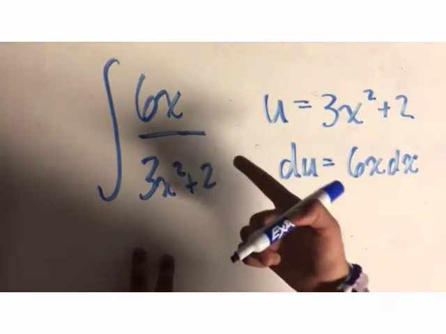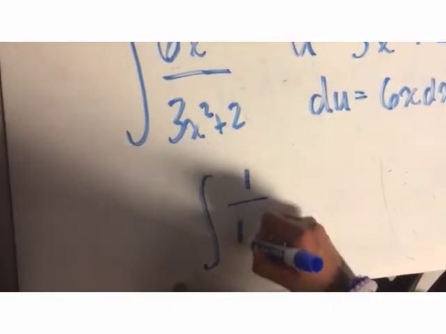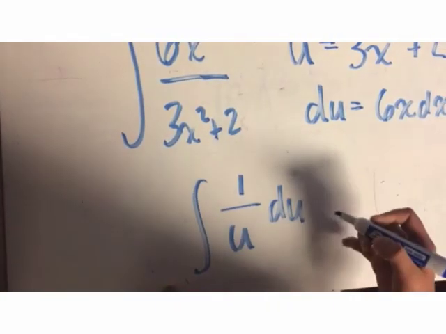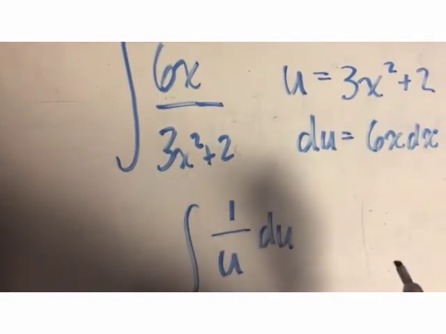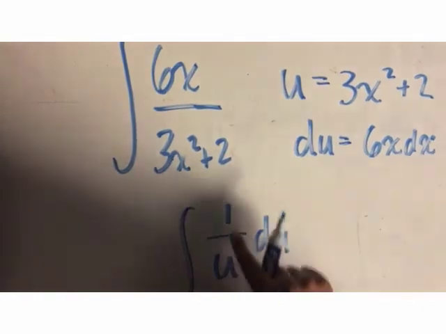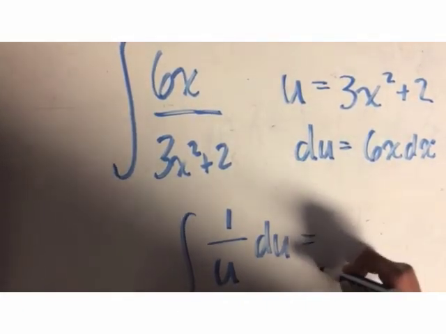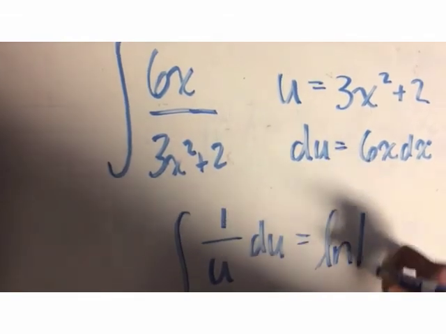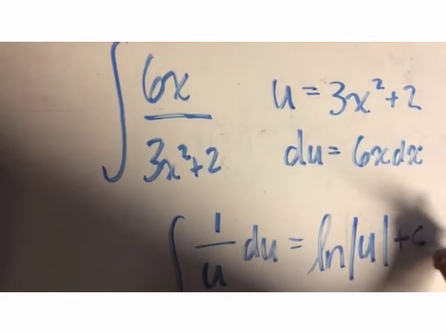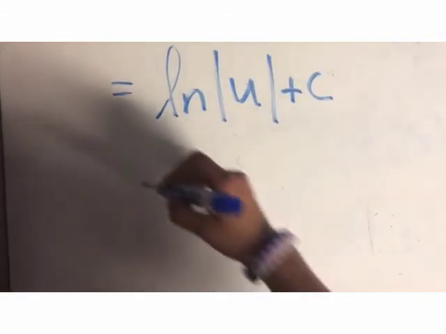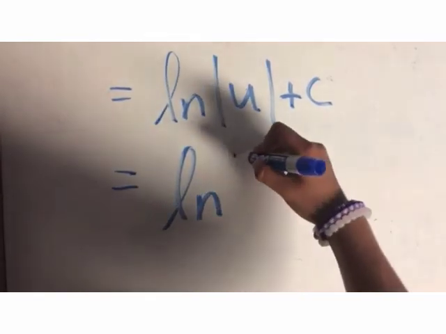So I can just plug back in and I'll notice that I have 1 over u du because I replaced my 6x here for this 6x, substituted it in, and my u here is also matching with this u here. So this then will equal ln of u, absolute value sign, plus c, which then I plug back in my u that I have previously during u substitution.